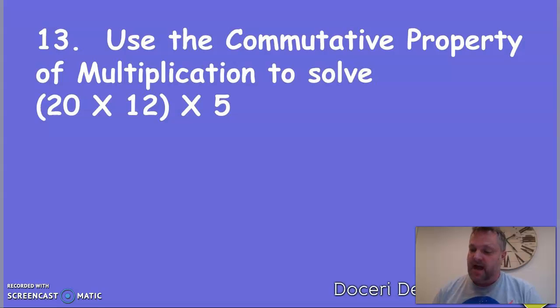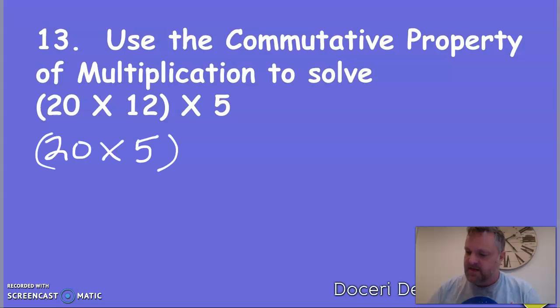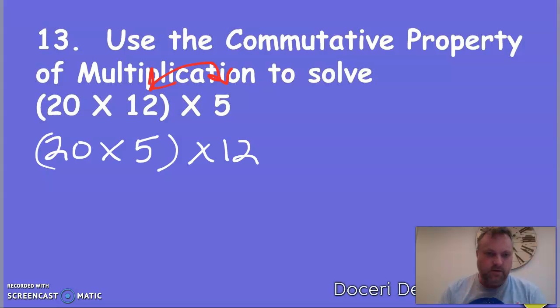So in this case, I know that I would rather multiply 20 times 5 first and then multiply by 12. So what I've done is I have switched the order of the 12 and the 5. I moved those around, and because of the commutative property I can do that. I would rather multiply 20 times 5 because I know very easily 20 times 5 is 100.